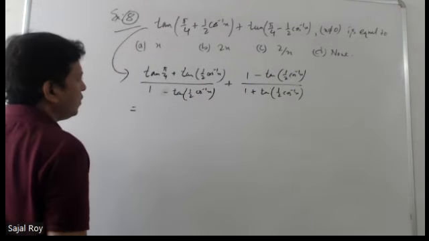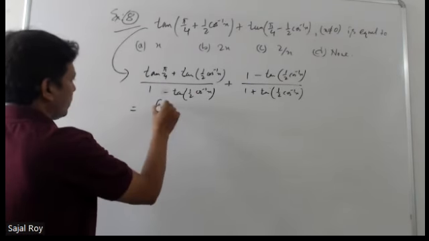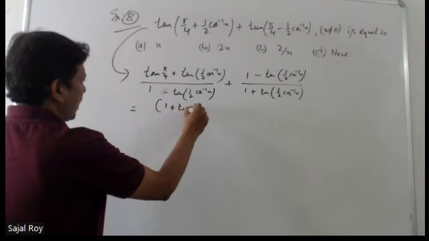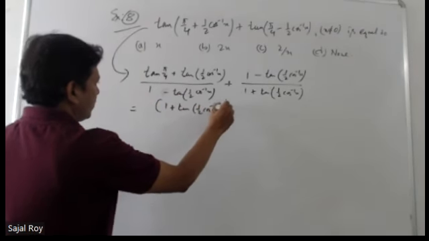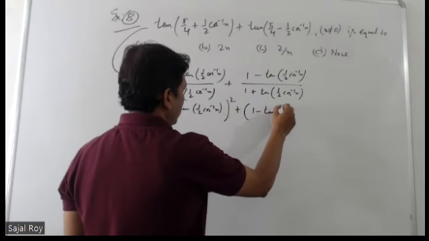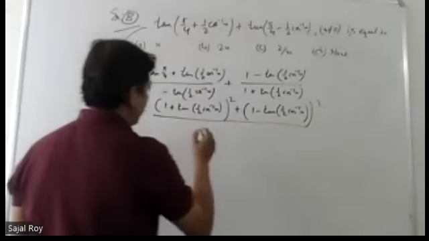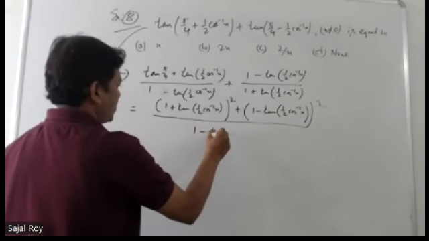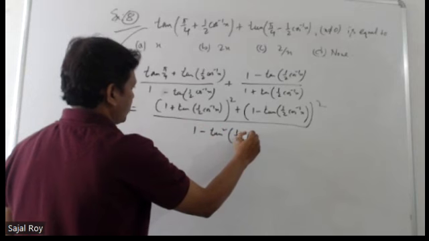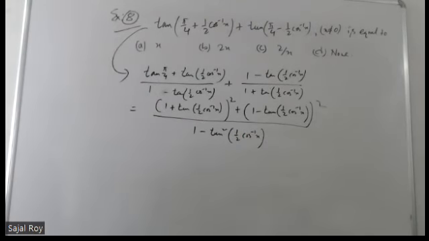Then you have (1 plus tan half cos inverse x) whole square plus (1 minus tan half cos inverse x) whole square by 1 minus tan square half cos inverse x. (A plus B) whole square plus (A minus B) whole square is equal to 2 into (A square plus B square).